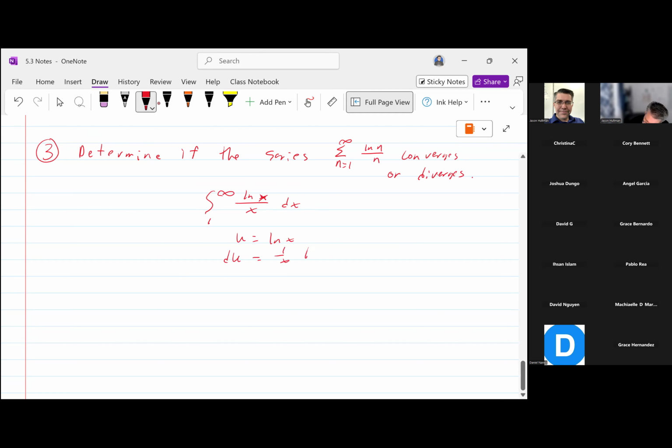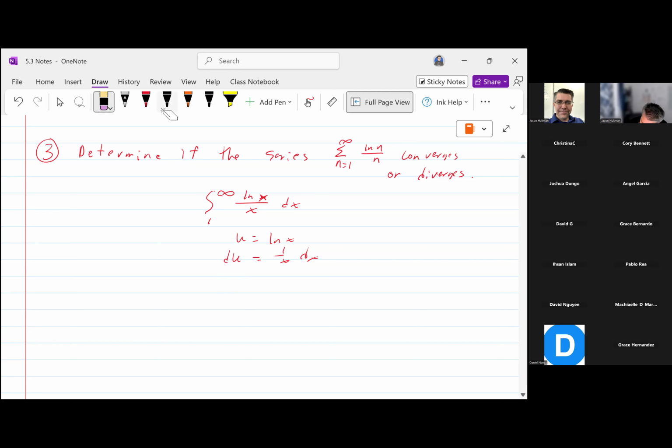du is 1 over x dx. So this becomes the integral from 1 to infinity. I'm going to go back to x at the very end, so I'm not going to change my limits of integration.